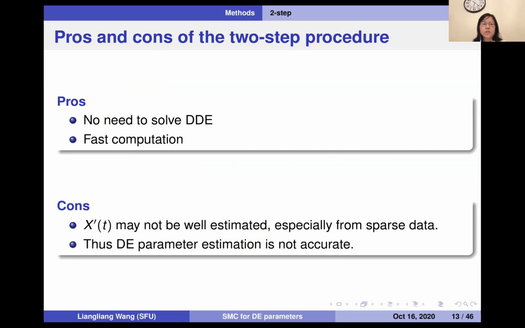The advantage of this method is we don't need to solve the DDE, so it's faster in terms of computation. However, the drawback is the derivative of x of t may not be well estimated, especially from sparse data. Therefore, the parameter estimation is not accurate.